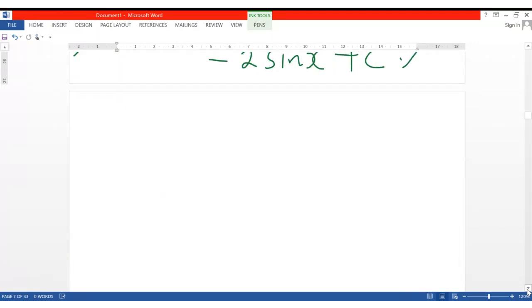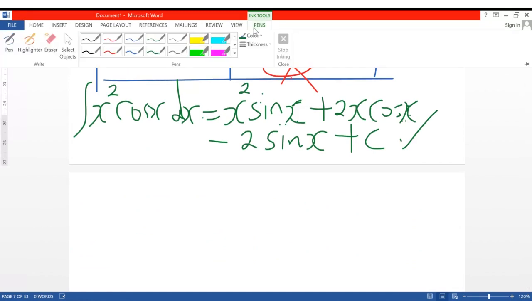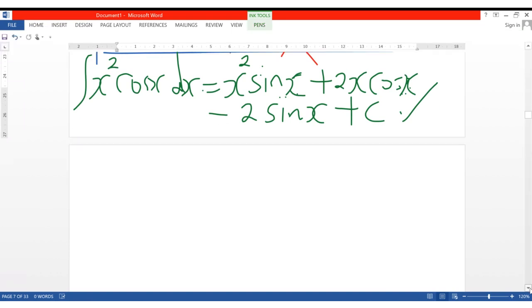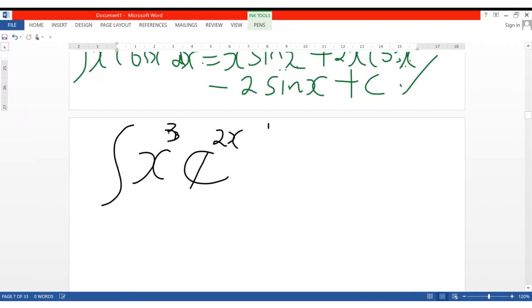We'll do another one. This integration here: the integral of x to power 3 exponential 2x dx.